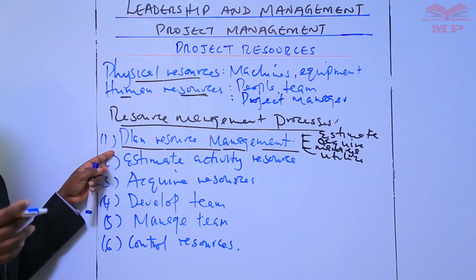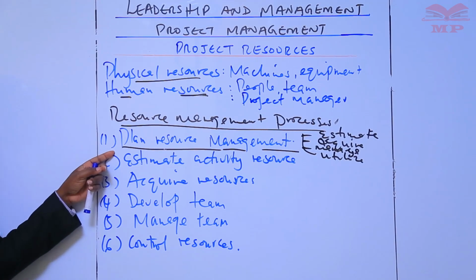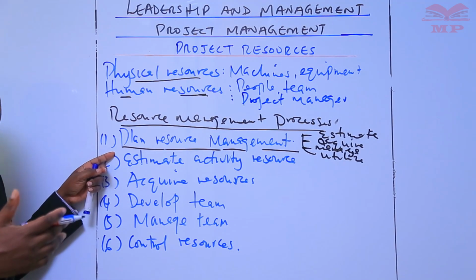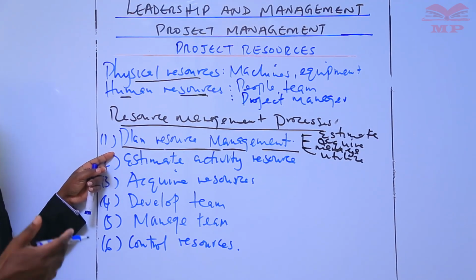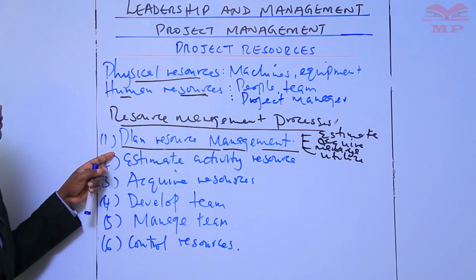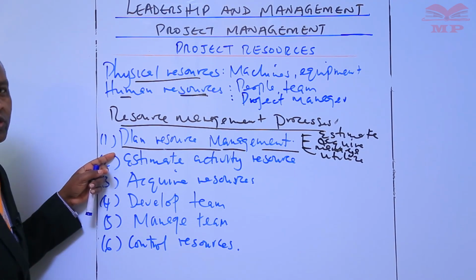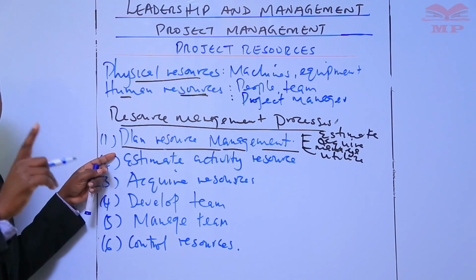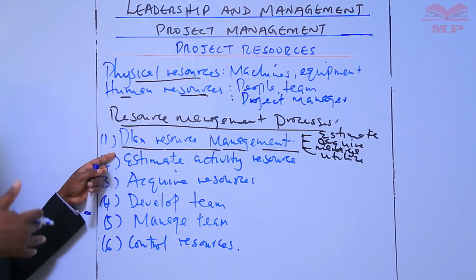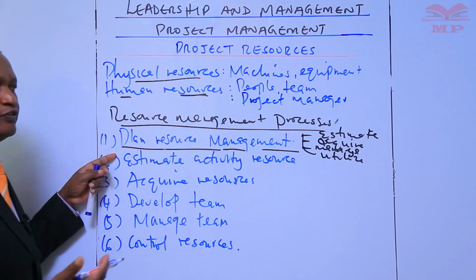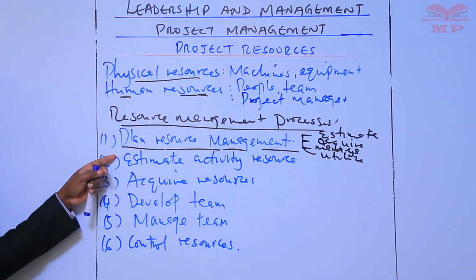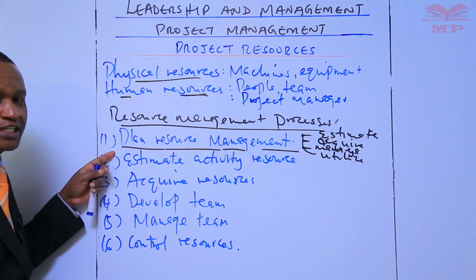Plan resource management. And candidates, project resources, as I said earlier, may include the team members, supplies, materials, equipment, services, facilities, and so on. So effective resource planning should consider and plan for the availability of these resources, because we know resources are generally scarce.